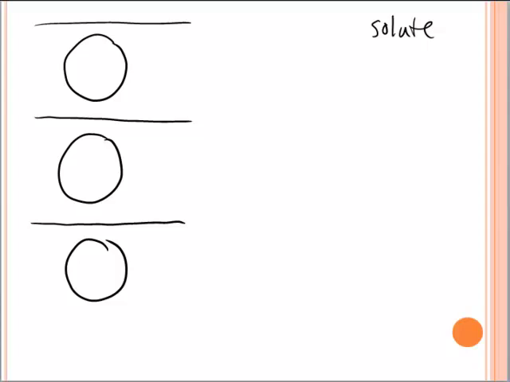So I'm going to draw here 3 different cells. Well, I did draw 3 different cells. We'll number these cell number 1, cell number 2, and cell number 3. And around these cells, I'm going to draw some solutes, and I'm going to represent them by blue dots.